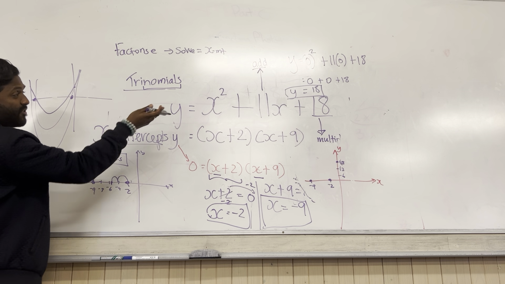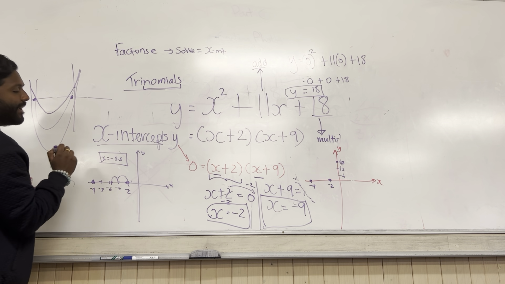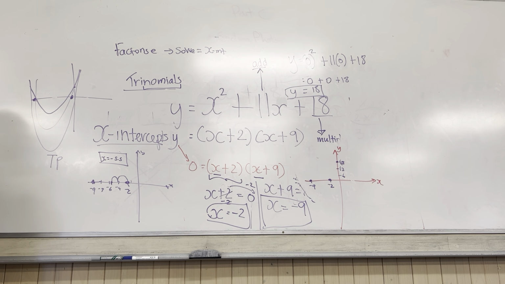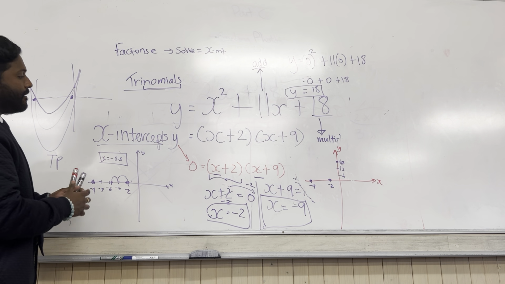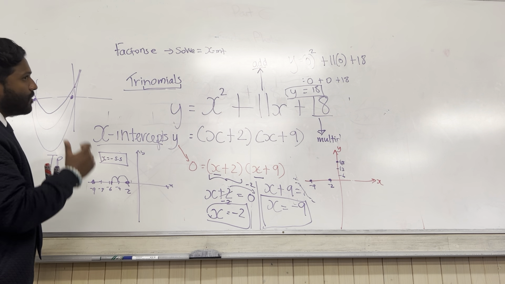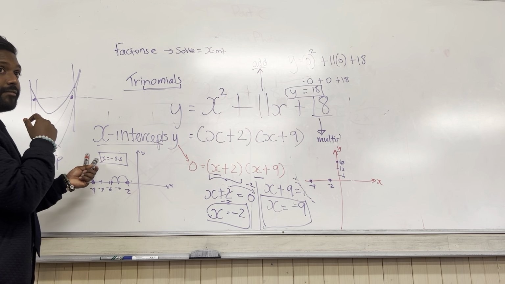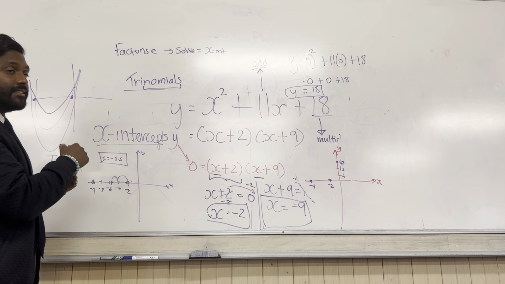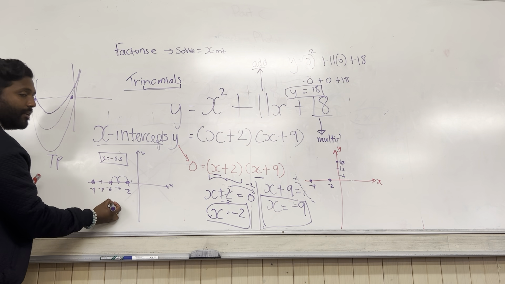So if we know the turning point is there, how do we find our y value? And that's your equation. What are you going to do with x is equal to negative 5.5? Do we make that 0 and do the same? Well, we've got our turning point, but we don't know the y value.